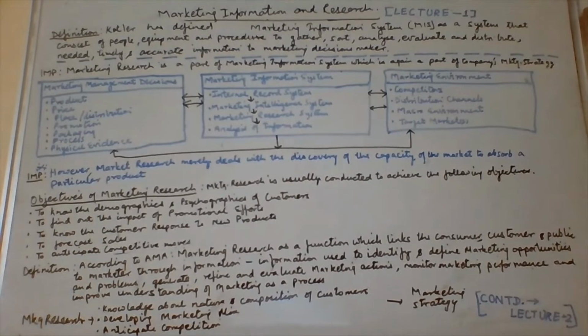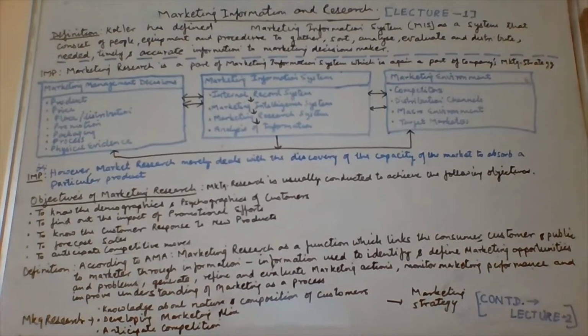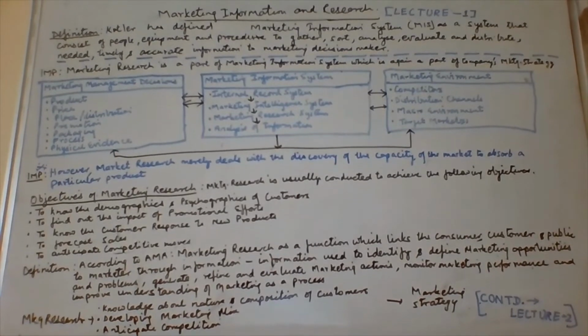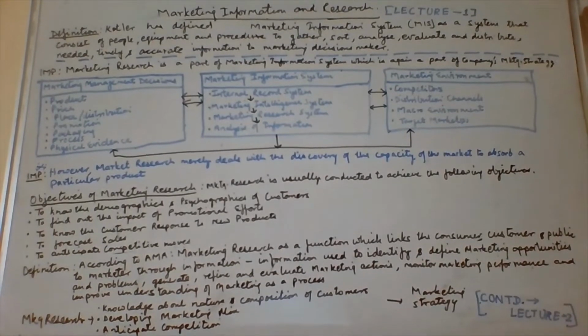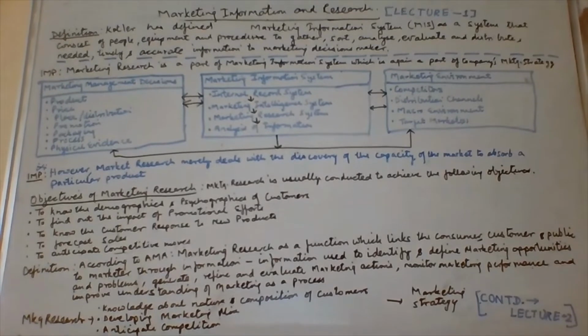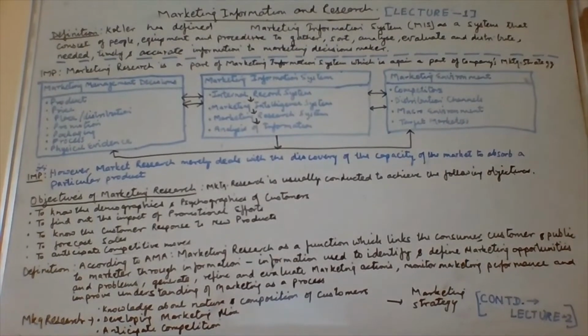We have discussed in the marketing environment that, whether it is the micro environment or the macro environment, it keeps on changing, and therefore the marketing manager's job is to take appropriate decisions as per the situations he faces. So an important part of the marketing information system is to provide the information.